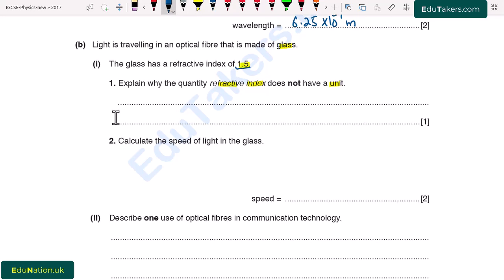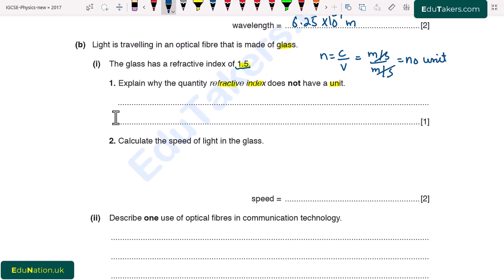For that we have to know what refractive index is. Refractive index is basically the ratio of speed of light in air to the speed in any medium. The unit of speed, that is c, is meter per second, and also here it is meter per second. So both of these cancel and n does not have any unit.